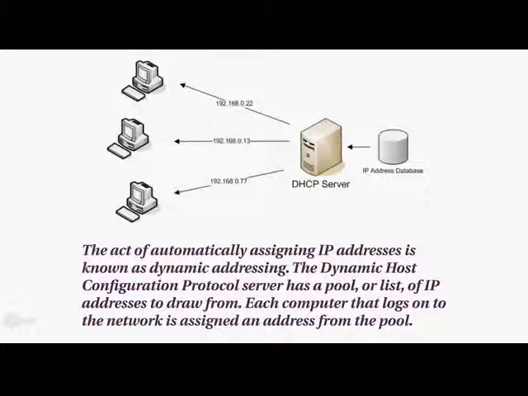The act of automatically assigning IP addresses is known as dynamic addressing. The DHCP server has a pool or list of IP addresses to draw from. Every computer that logs onto a network is assigned an address from that pool. The IP address assignment is temporary. The address is released after a period of time and can be reissued to another computer.